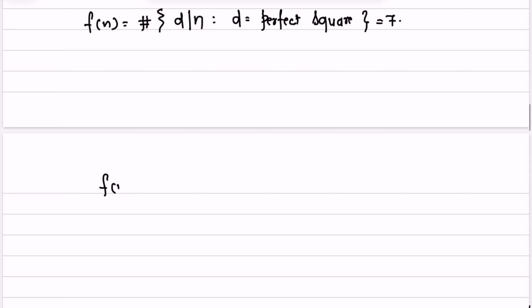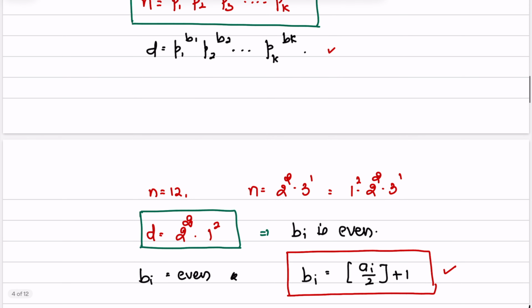Fn can be written as a product of what? D is a product of pi to the power of bi exponents. What is bi? ai by 2 plus 1.